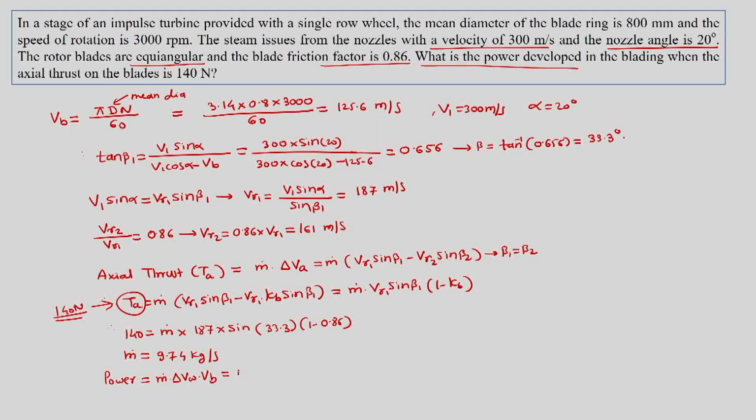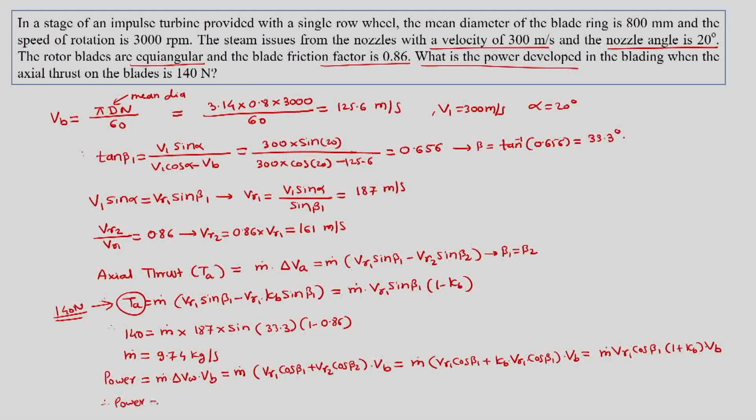So this is m dot into delta VW, which is VR1 cos beta 1 plus VR2 cos beta 2, into VB. Again we can write it in terms of kb: VR1 cos beta 1 plus kb into VR1 into cos beta 1, into VB. So it is m dot VR1 cos beta 1 into 1 plus kb into VB.